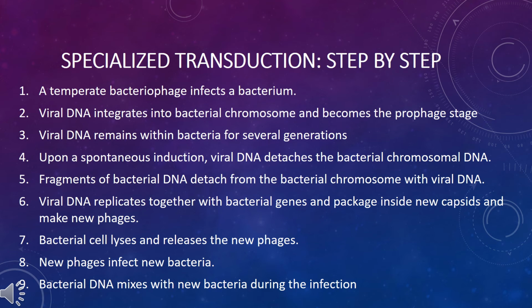Next, fragments of bacterial DNA detach from the bacterial chromosome with viral DNA. Next, viral DNA replicates together with bacterial genes and is packaged inside new capsids to make new phages. Then the bacterial cell lyses and releases the new phages. Then phages infect new bacteria. And lastly, bacterial DNA mixes with new bacteria during infection.